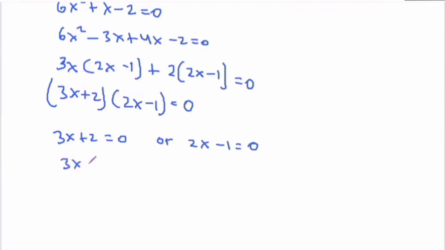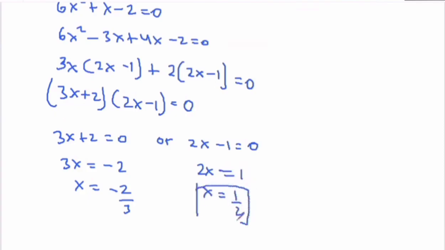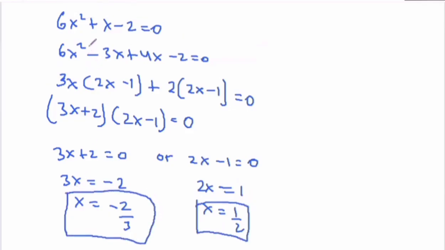Then 3x is equal to minus 2, so x is equal to minus 2 over 3. 2x is equal to 1, so x is equal to half. Then the solutions of 6x squared plus x minus 2 is equal to 0 are x is equal to minus 2 over 3, or x is equal to half.